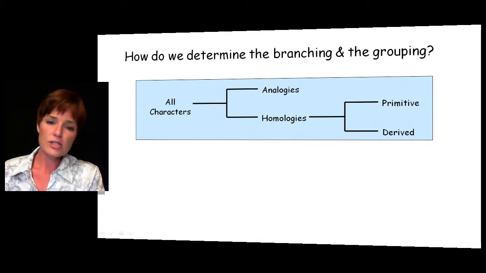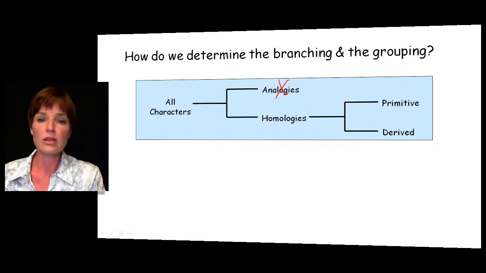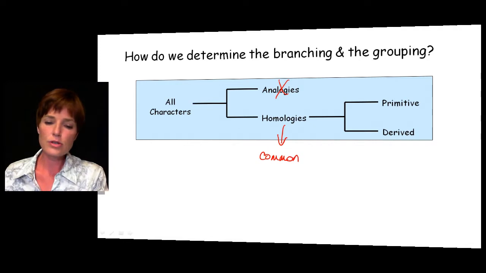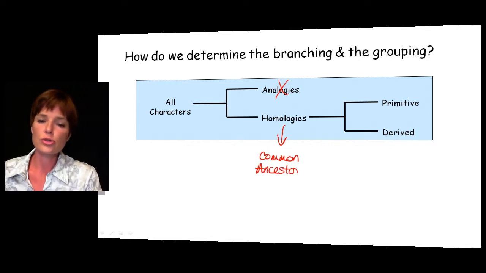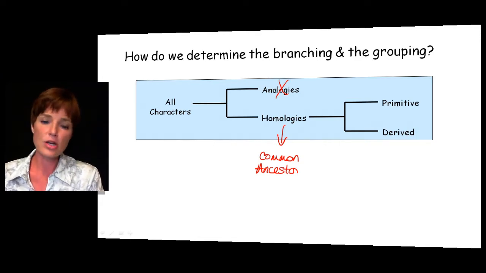The analogous ones are not useful to us because they don't have anything to do with a common evolutionary history. The homologies, though, are due to a common ancestor. So those are the ones that are going to be useful. We want to try to eliminate analogous characters and really focus in on the homologous ones.